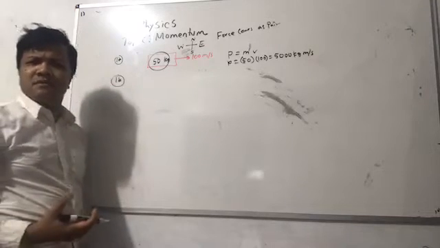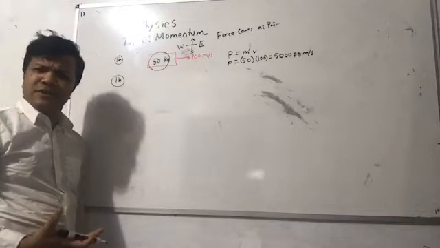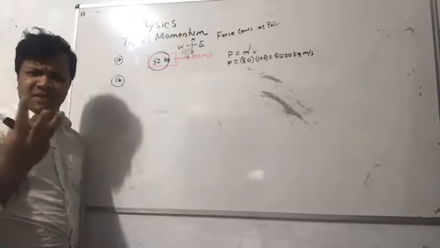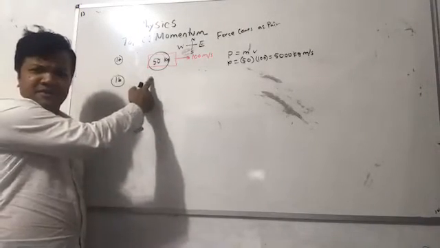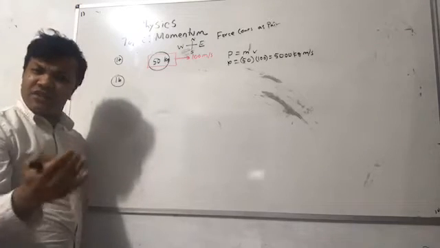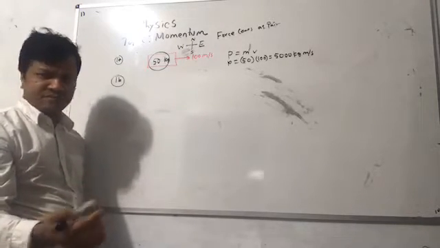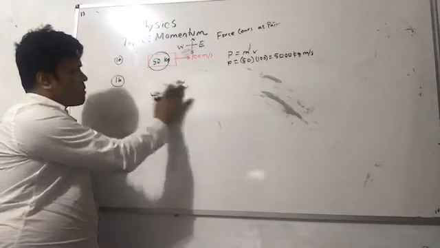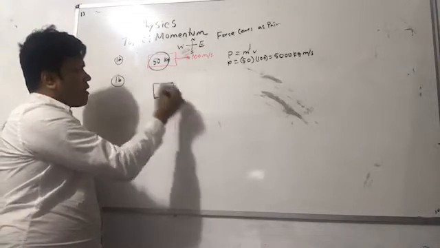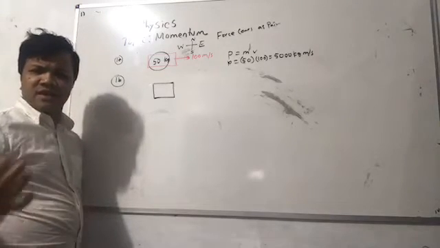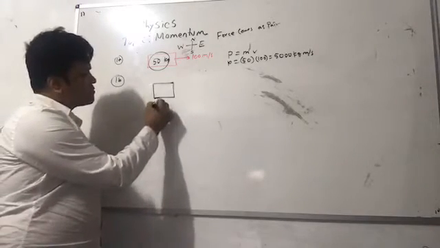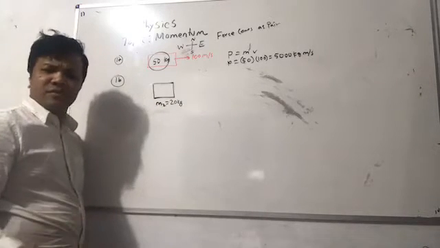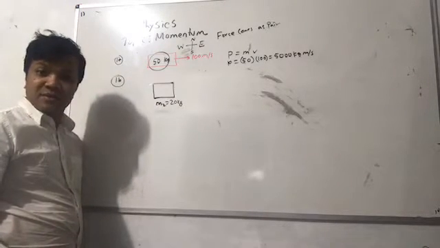Now a few minutes later the grenade broke into three pieces in the air. The same grenade broke into three pieces in the air. Piece number one is, let's say, 20 kilograms, and it moves with 30 meters per second.